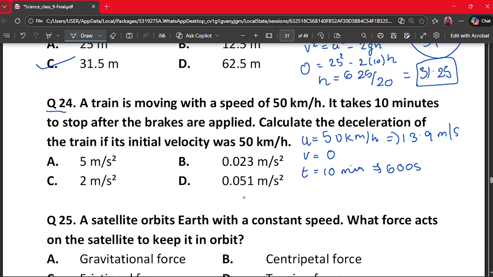Now we'll put it in the formula, and the formula is a = (v - u)/t. So putting all the values here, it is (0 - 13.9)/600. So our answer will be 0.023 meter per second square. So our correct answer will be option B.